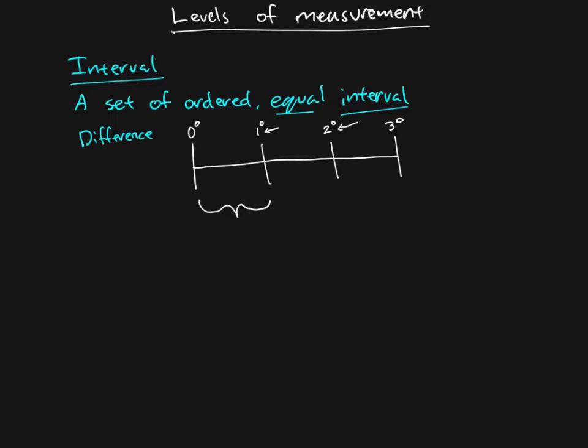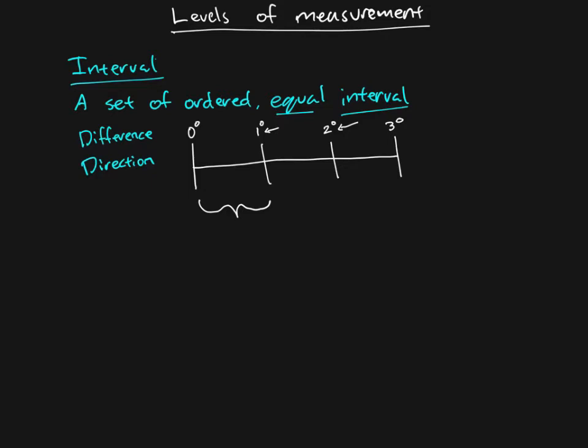And just like with an ordinal scale, we also know the direction of the difference. For example, we know that 2 degrees Celsius is a higher temperature. There's more temperature than 1 degree Celsius. It's a hotter temperature. So we know that there is a difference, and we know the direction of the difference.